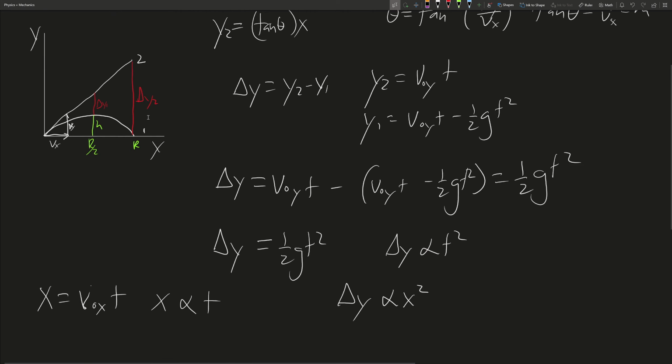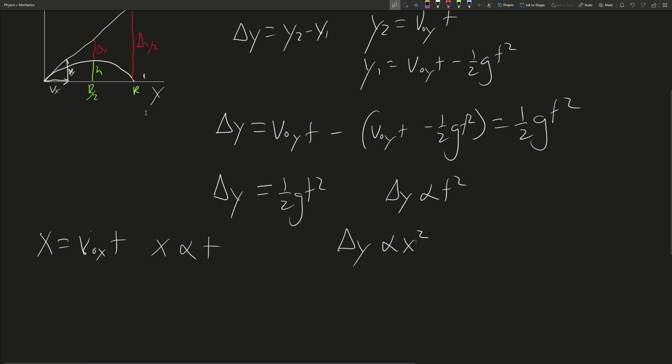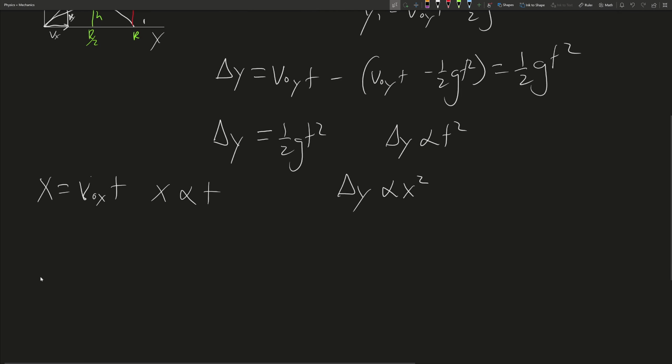So let's first find change in y2, or the difference in height 2. The difference in height 2 is equal to y2 at r minus y1 at r. So this isn't times r, this is as a function of r, or as a function of x when x equals r. Let me erase this.